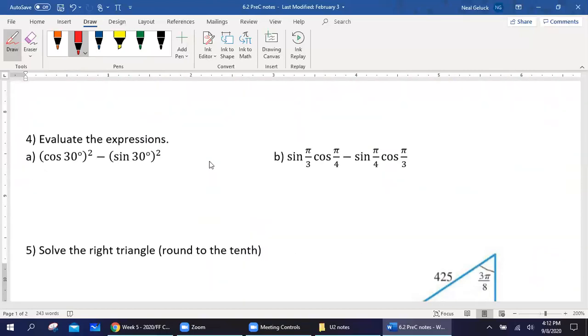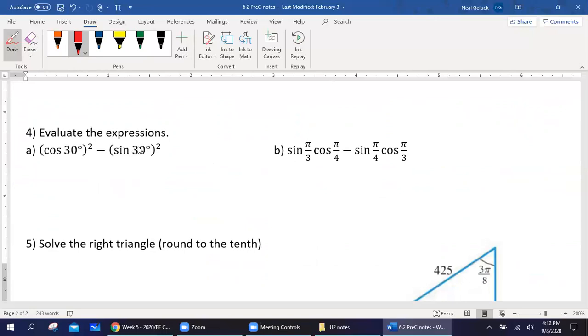For number 4, these are some strange looking expressions, but we will see them later on in the semester. So we're kind of getting a feel for them here. If you go back to the table, we found that the cosine of 30 degrees was root 3 over 2. But now this is being squared.